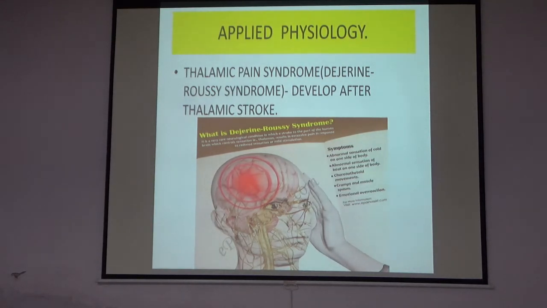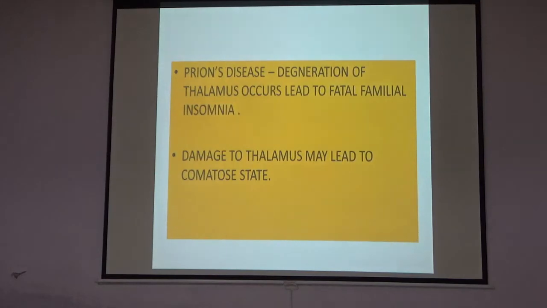Then, other than thalamic pain syndrome or Dejerine-Roussy syndrome, we have Brown's disease. Brown's disease results from degeneration of the thalamus, leading to fatal familial insomnia. What happens? Patients do not get any sleep, and this can lead to death.